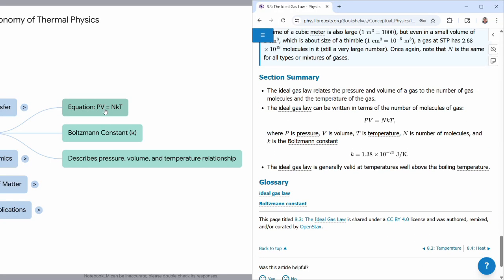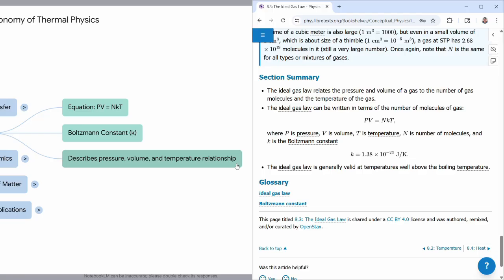It's a lot of fun, but for this class, I do have a simulation that'll demonstrate the underlying ideas and the connection between, let's say, higher temperature and higher pressure. But we will fall short of actually doing the algebraic derivation of this law. It describes the pressure, volume, and temperature relationship. There are some homework questions. Take a look, and I will also demonstrate some of those in separate lectures.